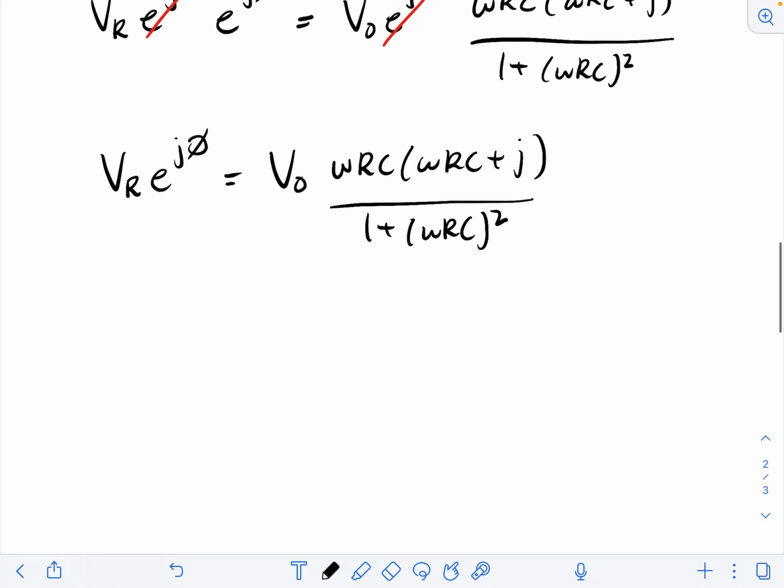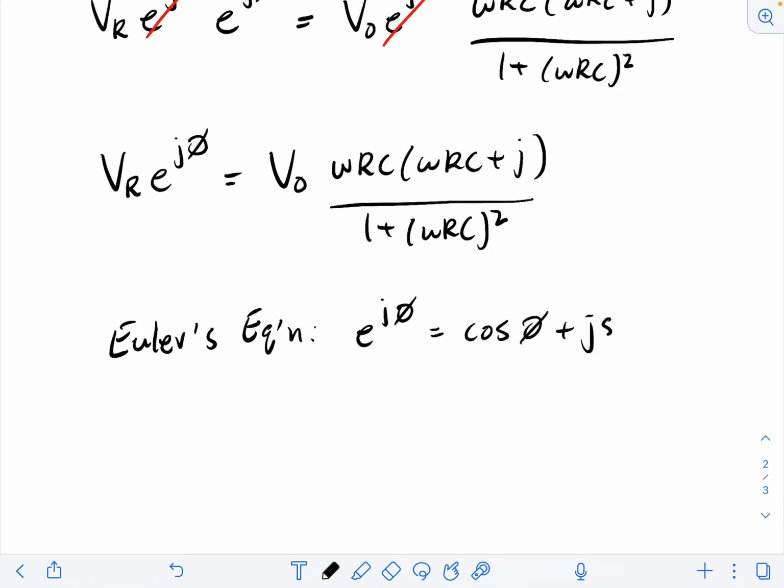Okay, so now we're going to make use of Euler's equation. So let's remind ourselves what Euler's equation was: e to the j phi is equivalent to cos phi plus j sine of phi.